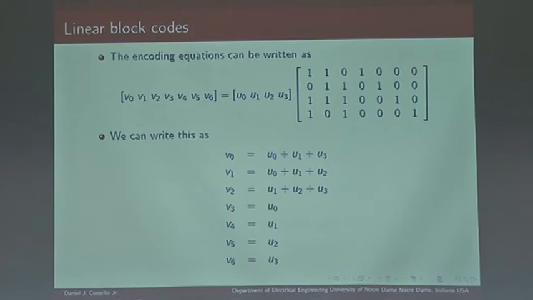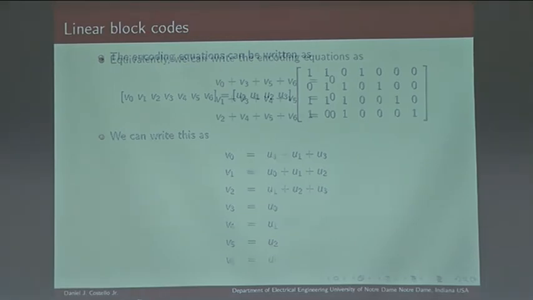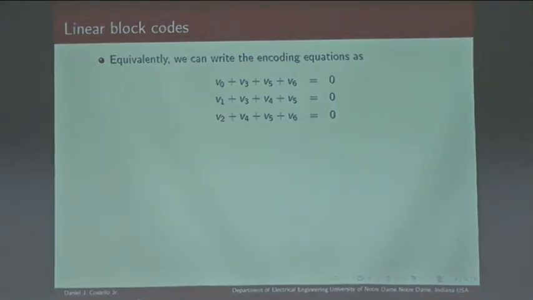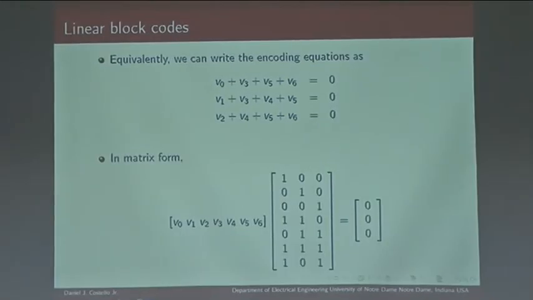And we can also pull everything over to the left-hand side. And again, modulo 2, you just add the bits to both sides, and you get 0 on one side and all the bits on the other side. So you get these equations, and these can be viewed in matrix form.